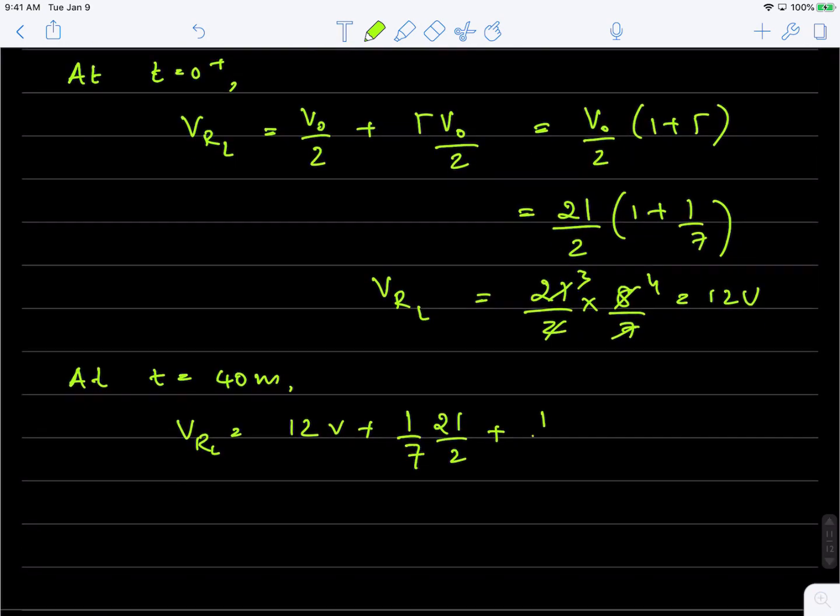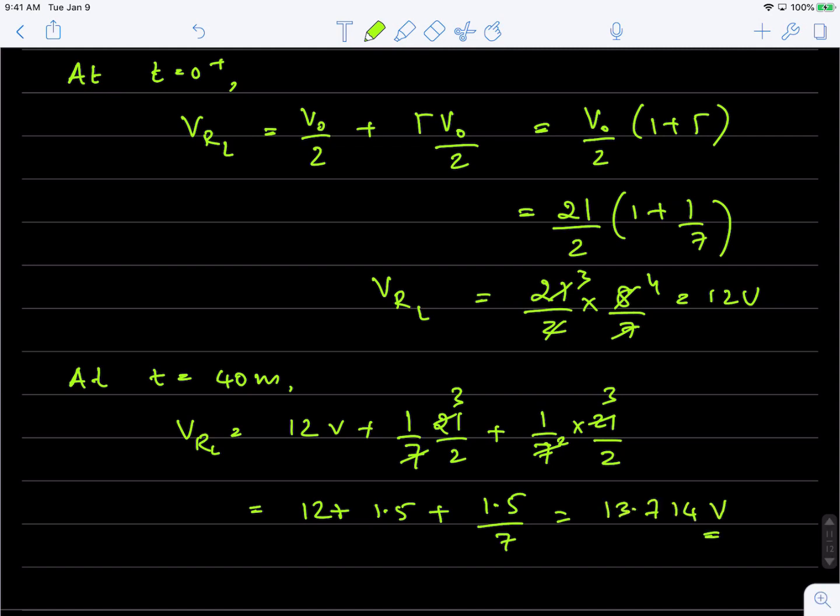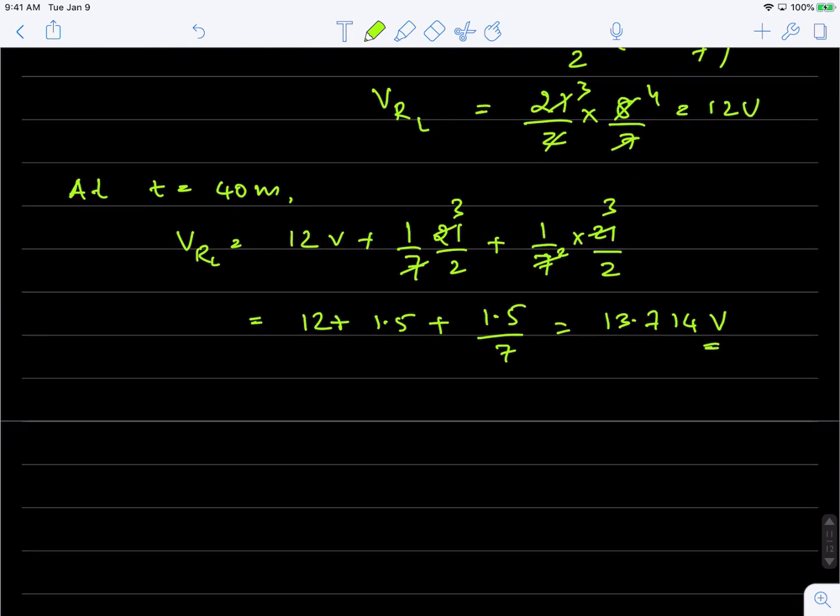Okay, that is going to be 1 by 7 square into 21 by 2. Okay, so that is going to give us 12 plus 1.5 plus 1.5 by 7. Okay, so that is going to be equal to 12 plus 1.5 plus 1.5 divided by 7, which is equal to 13.714 volts.